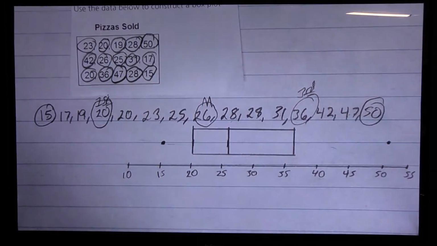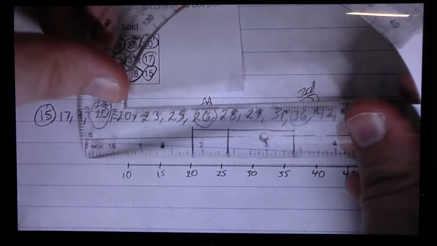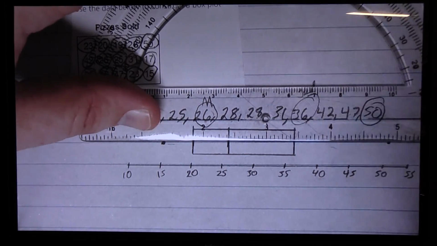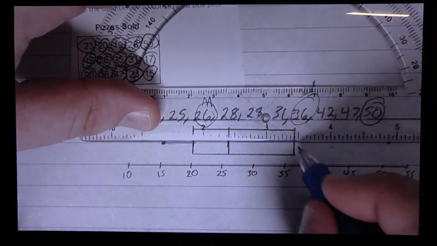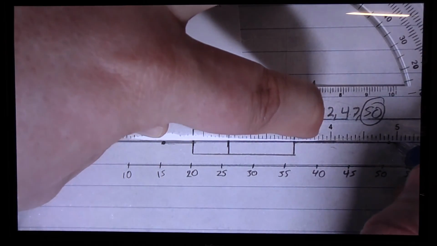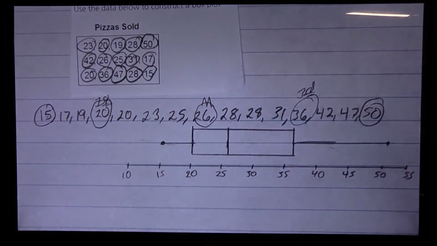Now, I'm going to go ahead and make my whiskers. My whiskers are just going to be lines that lead out. Like this. A little bit far. Okay, so here is my box and whisker plot for that set of data for pizzas sold.